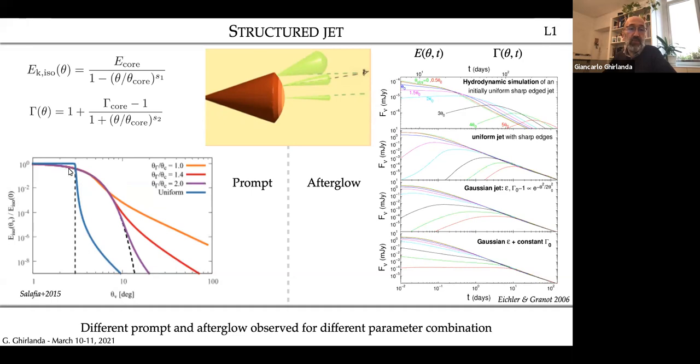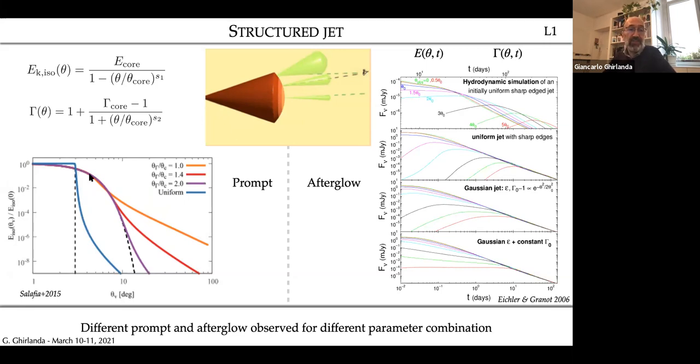And you see that instead, if we have a structured jet, for a given viewing angle with respect to a uniform jet, we can see a larger luminosity because we have the contribution not only of the core of the jet, which is minimal, but mainly the emission which is aligned to the line of sight, and possibly the emission of regions which are at higher latitudes with respect to our line of sight, whose opening angle, as you see in this sketch, is larger. So their beaming angle is larger, and therefore they can be seen.